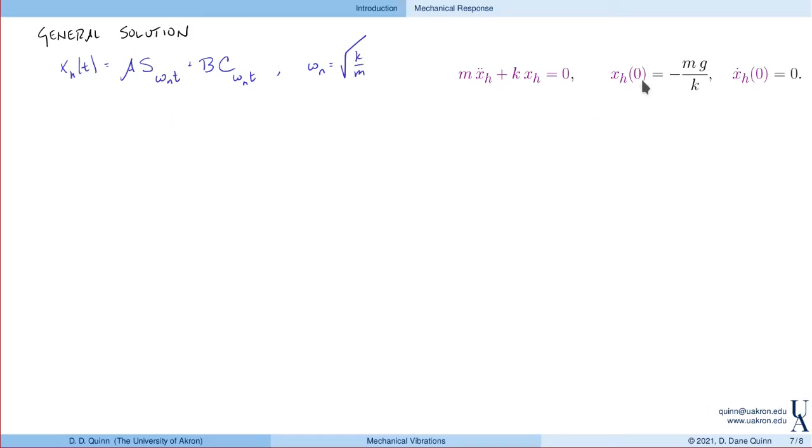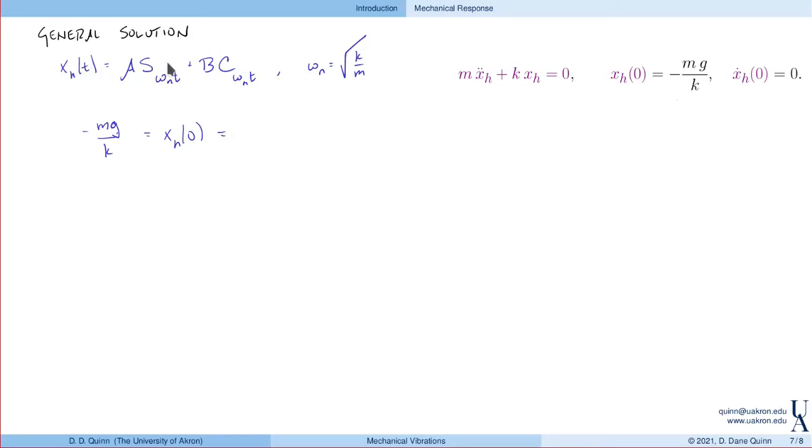Well, how do we do that? We essentially evaluate these auxiliary conditions at the right time, which in this case is t equals 0. So here, notice that xh at time 0 is minus mg over k.